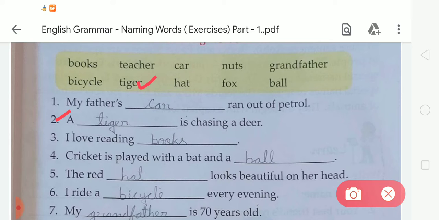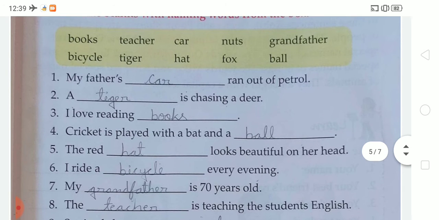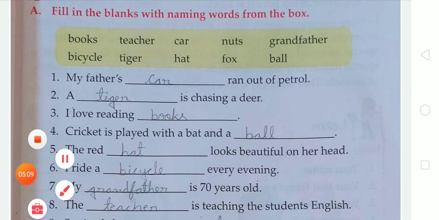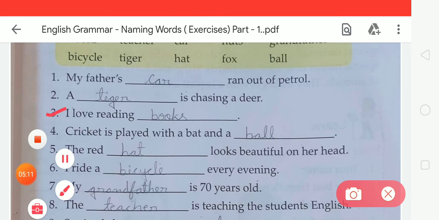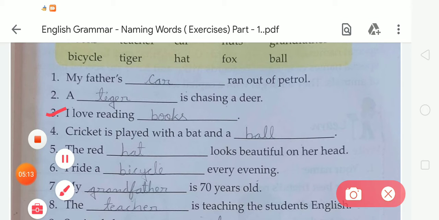Okay students, now the next, number 3: I love reading dash. What will we write on the blank? We love to read books, so we have to write books on the given blank. Students, what is the spelling of books?